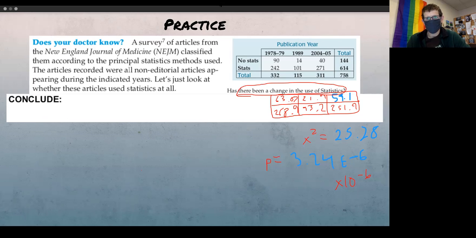But now we can look at it further and we can say, what has the change been? And does it look like statistics is being used more often or less often? So we're moving through time that way.